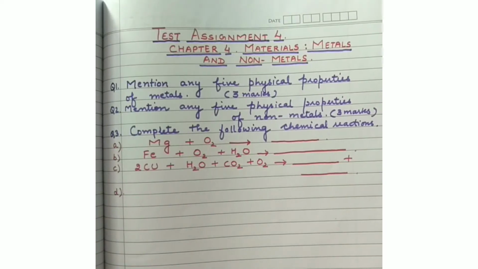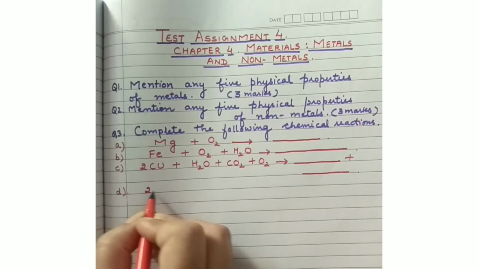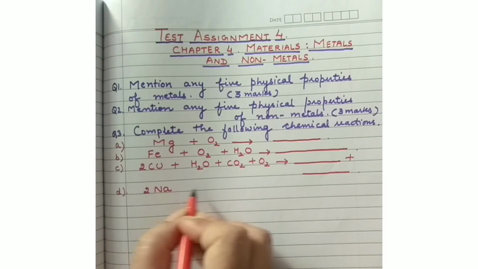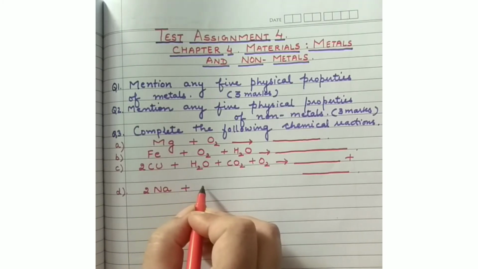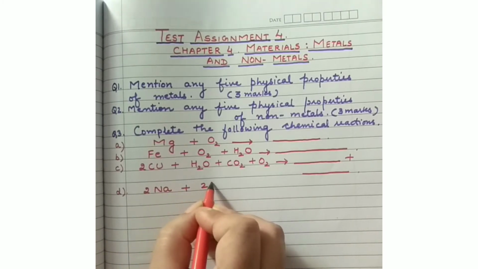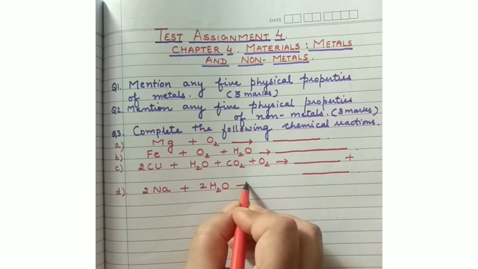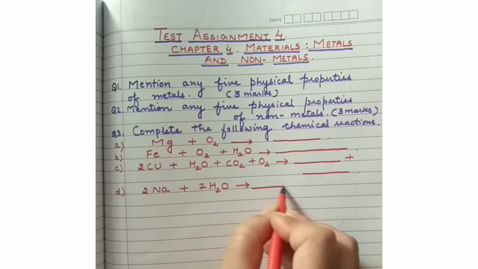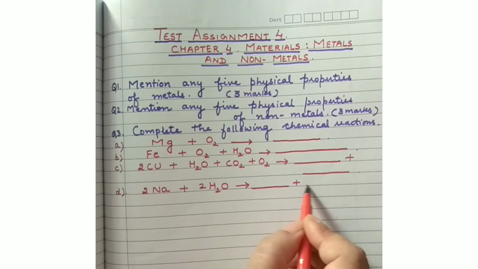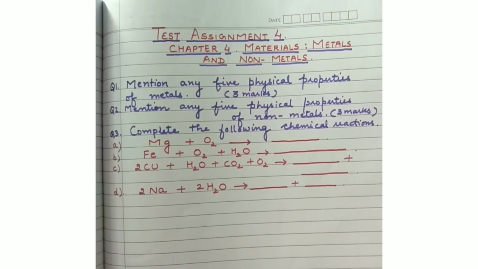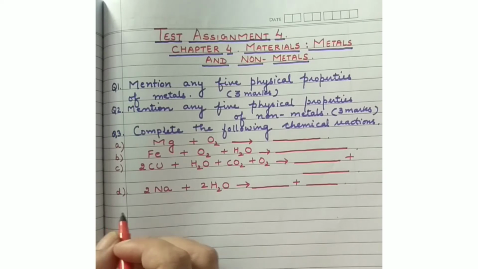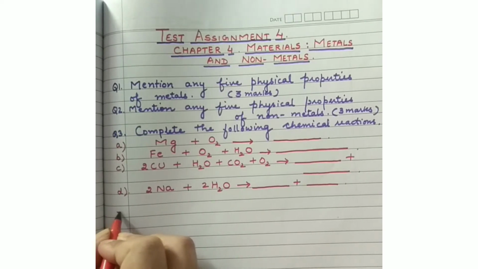In D part, two atoms of sodium. The symbol of sodium is Na plus 2 molecules of water, that is H2O. It gives blank plus blank. Complete this reaction.